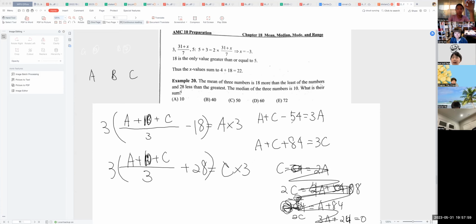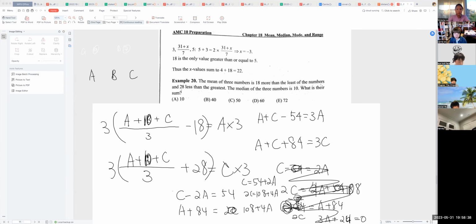So C minus 2A equals 54. And this one is A plus 84 equals 2C. Correct? I think I'm right. So C equals 54 plus 2A, so 2C equals 108 plus 4A.